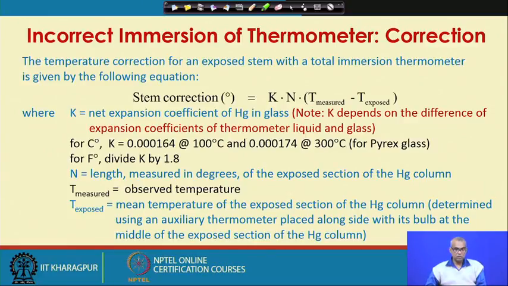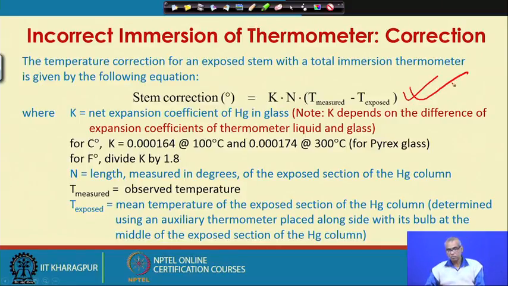Now, let us look at an equation that we can use to correct for the immersion error. The temperature correction for an exposed stem with a total immersion thermometer is given by the equation as shown.